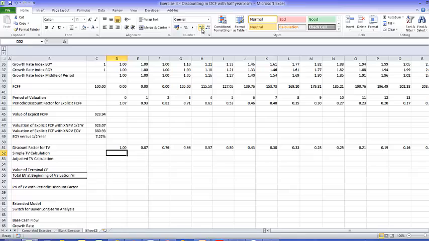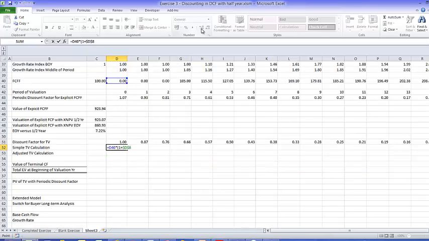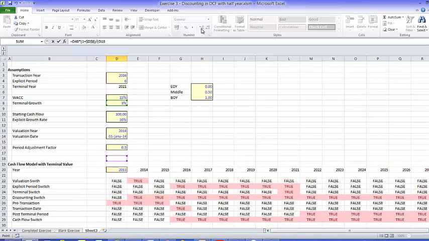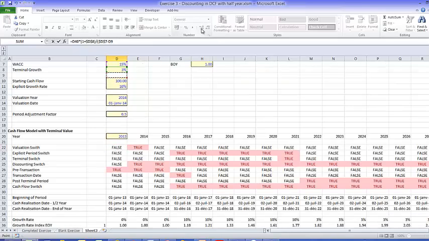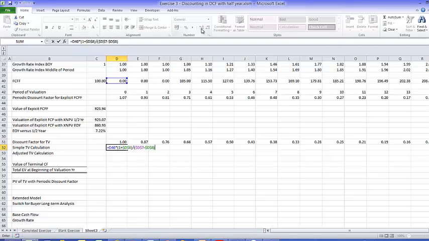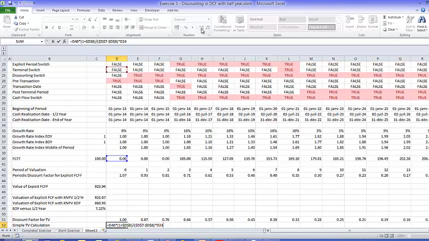Now if we do the normal discounted terminal value calculation, here's what we do. We take this one, multiply this by 1 plus the terminal growth rate, and then let's divide that by the WACC minus the terminal growth rate, and finally let's multiply that by the explicit terminal switch.